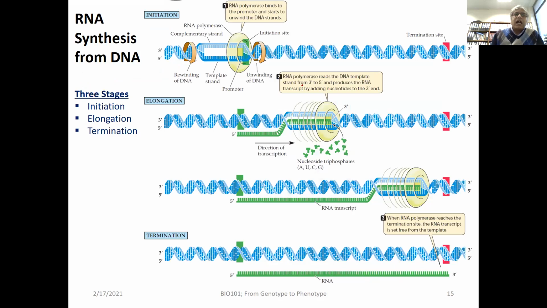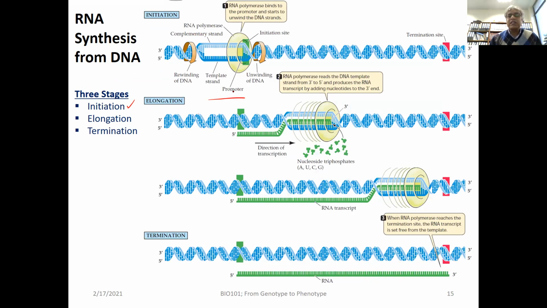Now, I told you the different phases of transcription. In transcription initiation, RNA polymerase, together with transcription factors, recognizes and binds to a specialized sequence which we know as the promoter sequence, which is shown here.